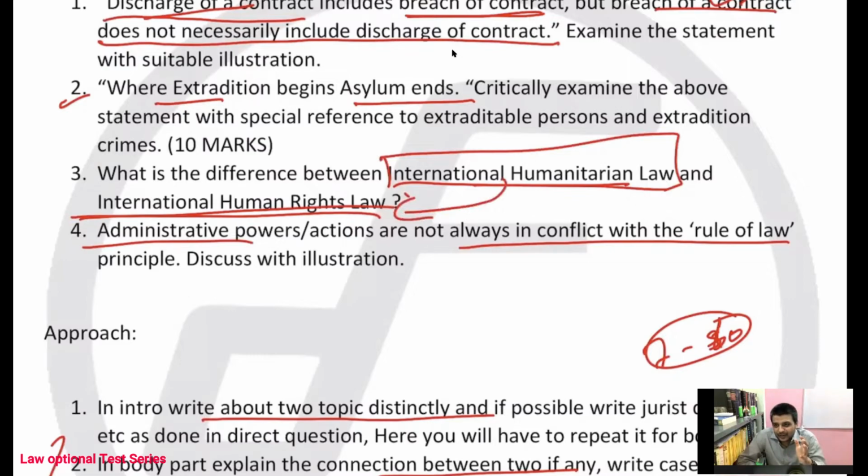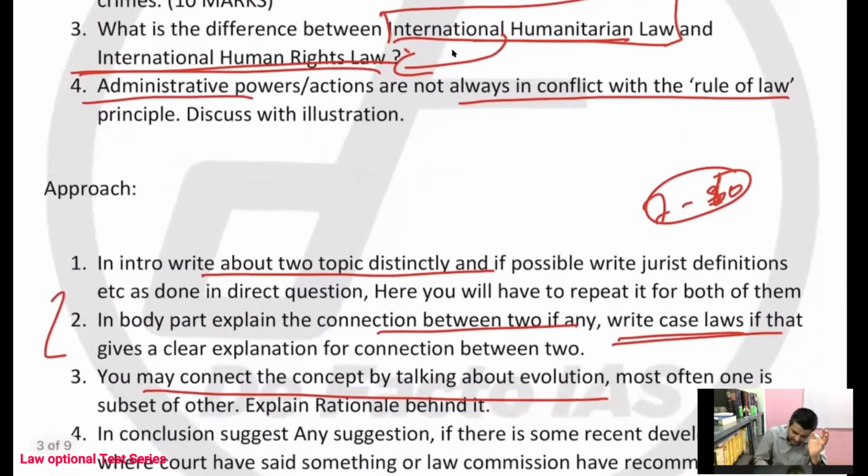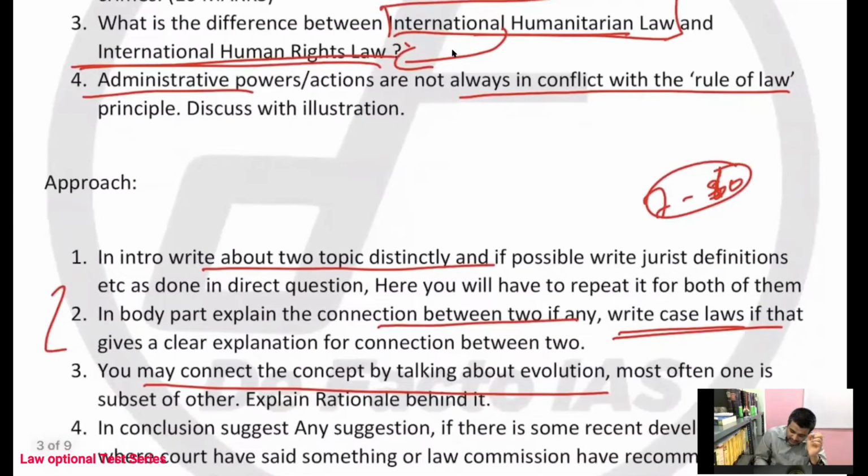Understand that part. That is what I have written here: you may connect the concepts by talking about evolution. Most often, one is a subset of the other. Then you can write why it was needed to bifurcate these concepts.